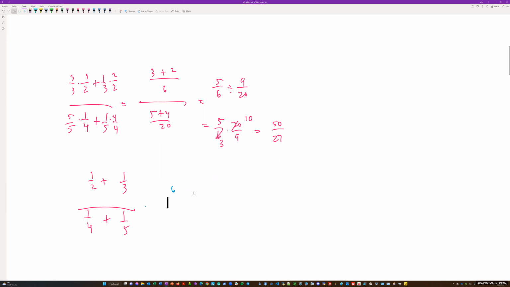So then if we just double it, 12, 4 goes into 12. Does that make sense? Then 5 doesn't go into 12. So 5 times 12 is 60. Does that make sense? Or if you wanted to, you could just multiply all of them together. That would work also. It's just slightly bigger. 6 times 20 is 120. It turns out 60 is the least common denominator. Does that make sense?